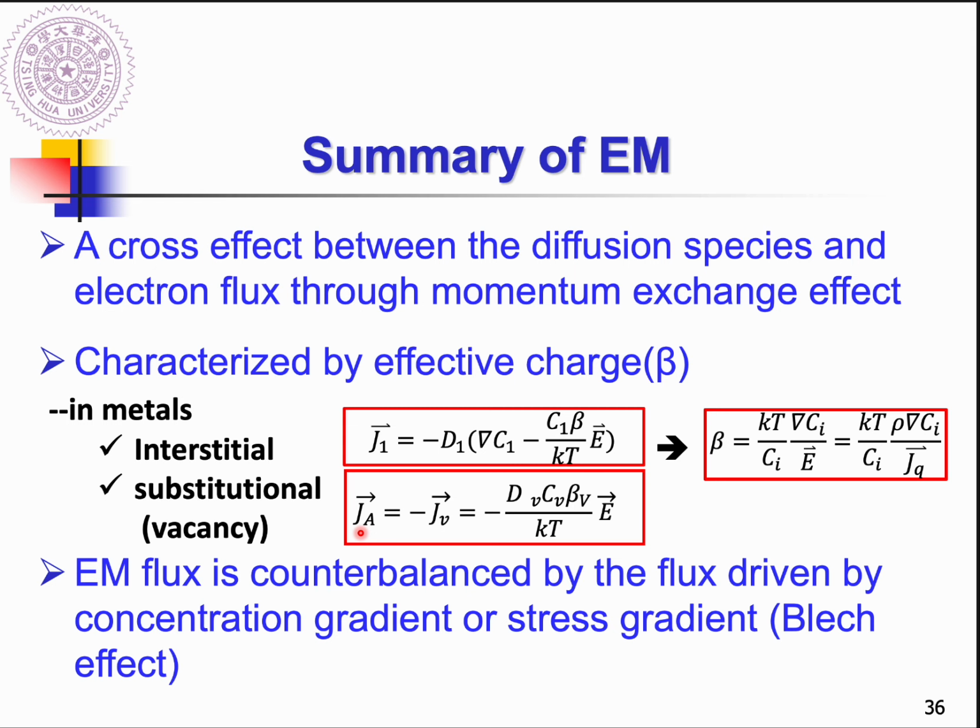But the mobility of these substitutional atoms is very difficult to measure, right? Because you don't want to label them by isotope or something, so it is very difficult to get the mobility of these substitutional atoms. But we still want to know the JA, right? So by calculating or measuring the JV, we can get the JA. For this case we just do it this way.